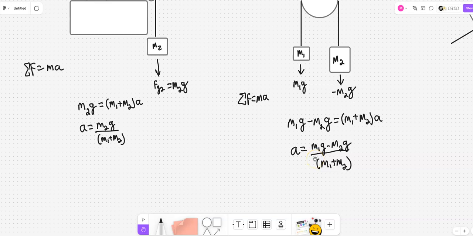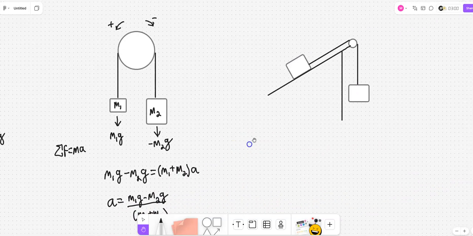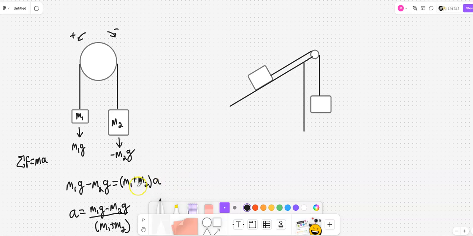Now, what about the incline? Well, okay, let's take a look. So we'll make this box 1 again. Here's box 2. I'm going to make this force going down this direction positive, and the weight on box 2 will be negative. So let's see here. We're going to have negative the weight of box 2, and then here we're going to have the force pulling on box 1.